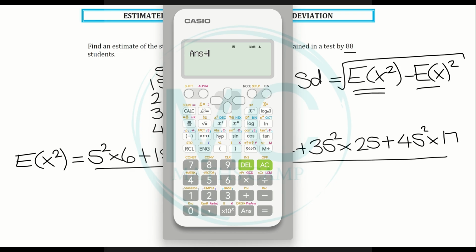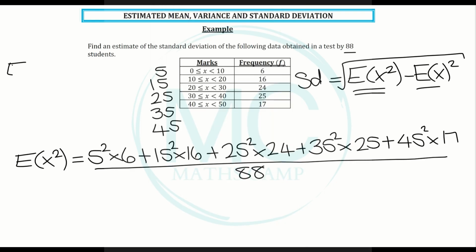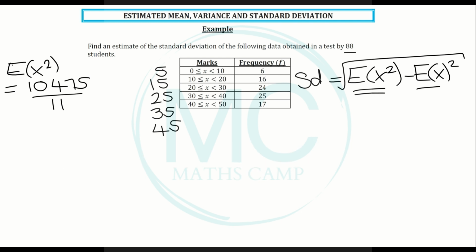Now I can divide by 88 is equal to 10,475 over 11. I'm going to leave this in fractional form, and I'm going to make a note of this up here. Ex squared is equal to 10,475 over 11.